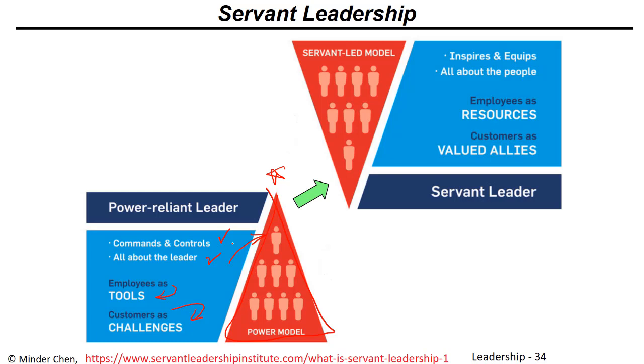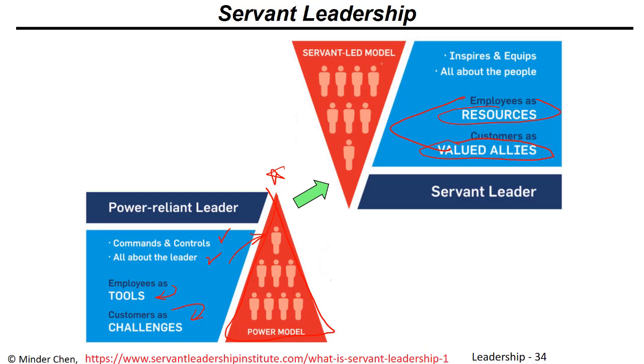But in the servant-leader model, we basically treat employees as resources, customers as valued allies, and we will inspire and support the employees, and it's all about the people, including the employees and the customers.